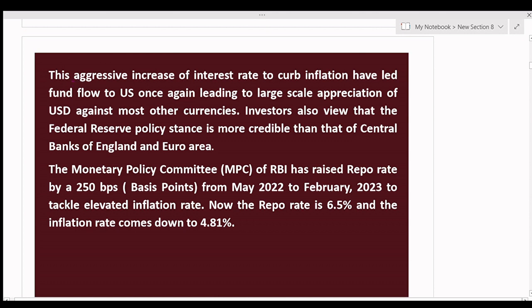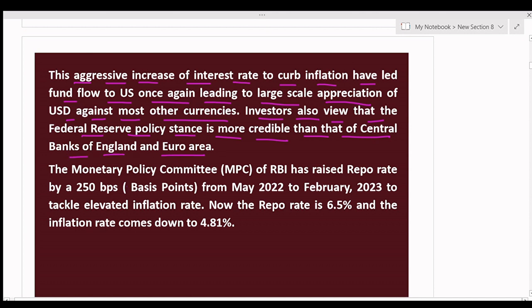This aggressive increase of interest rate to curb inflation has led fund flow to the US once again, leading to large scale appreciation of the US dollar against most other currencies. Investors also view that the Federal Reserve policy stance is more credible than that of the central banks of England and the Euro area.